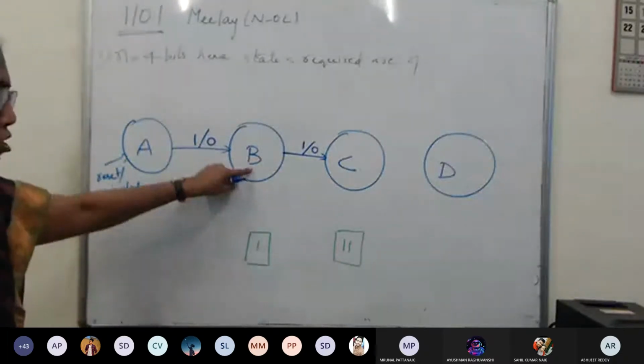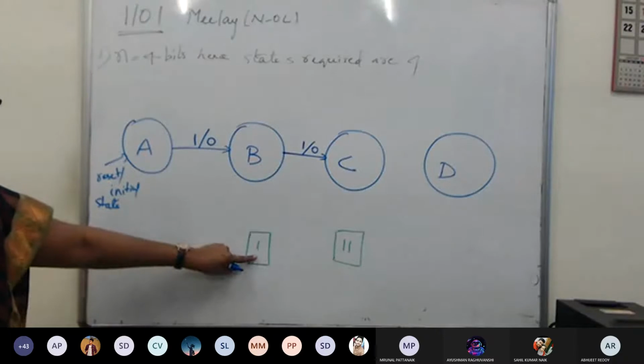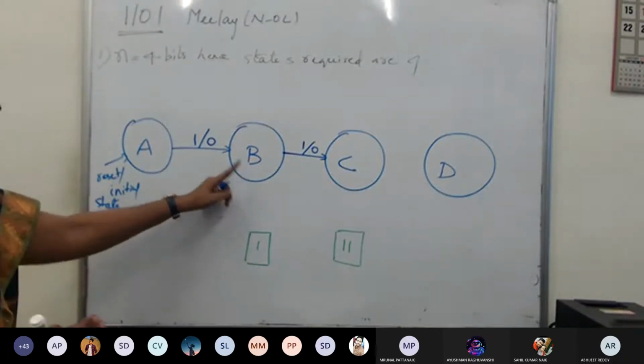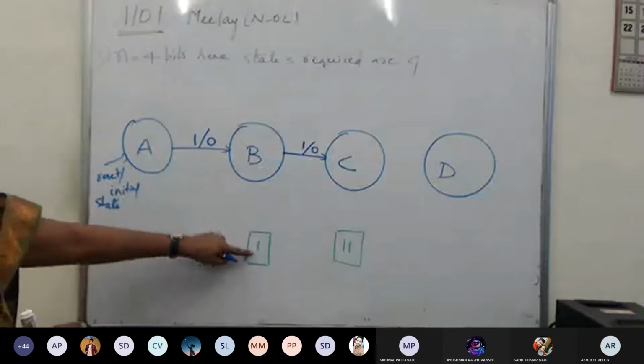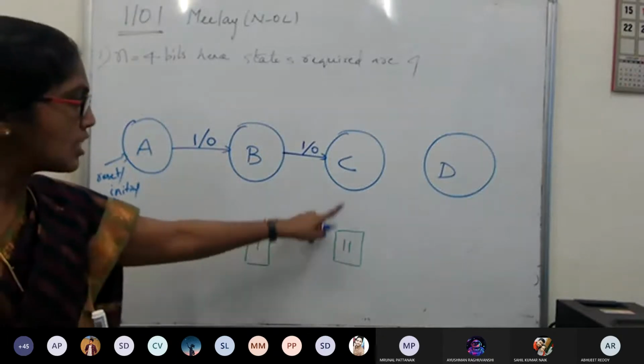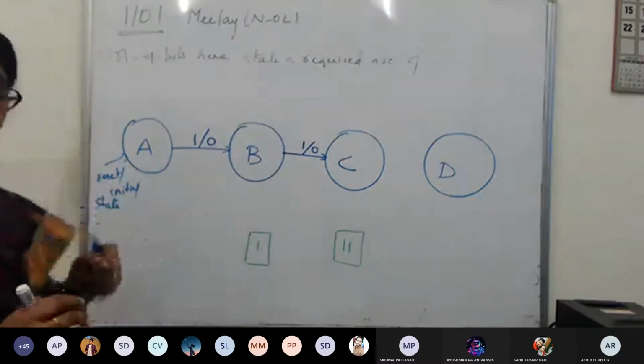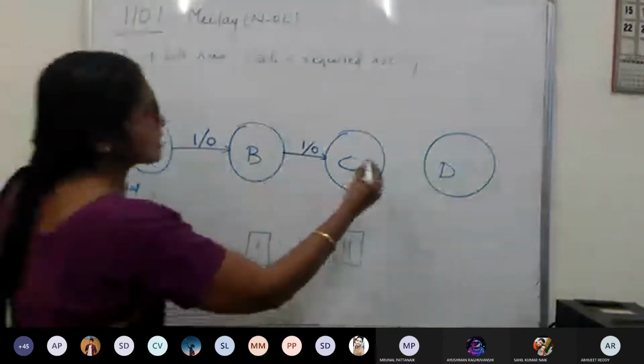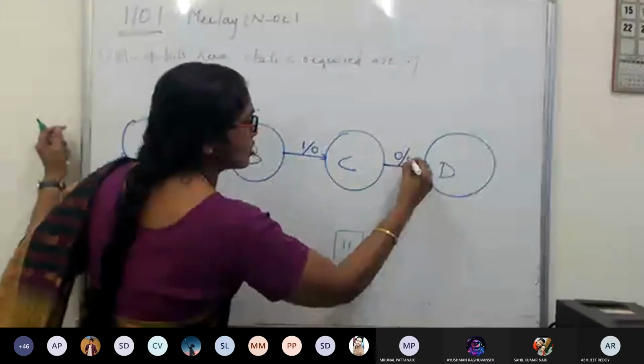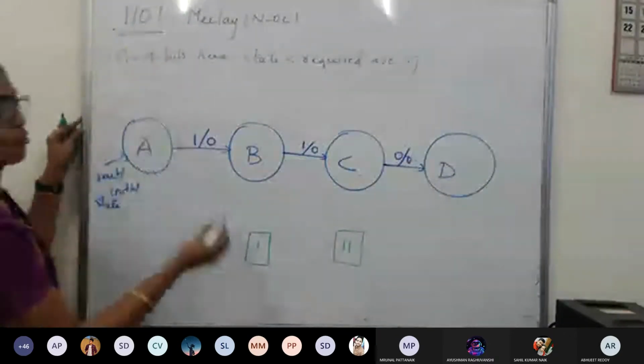So 1 means it's the state of B. Why is it called the state of B? Because B has been created after 1 has come. This box C has been created after 1 and 1 have come. Afterwards, D is created after 0 comes. Just see the sequence, I'm following that only.